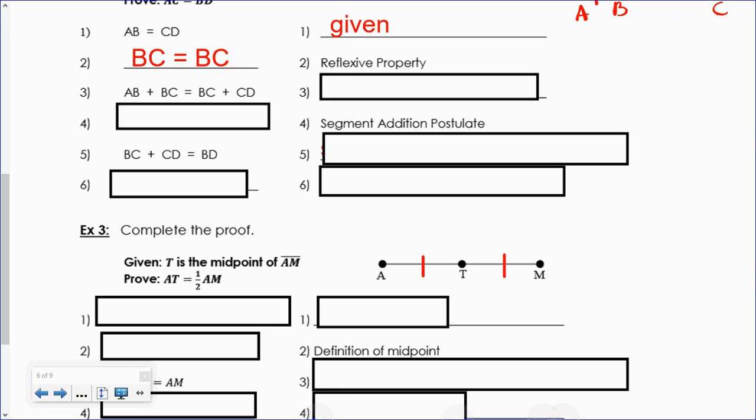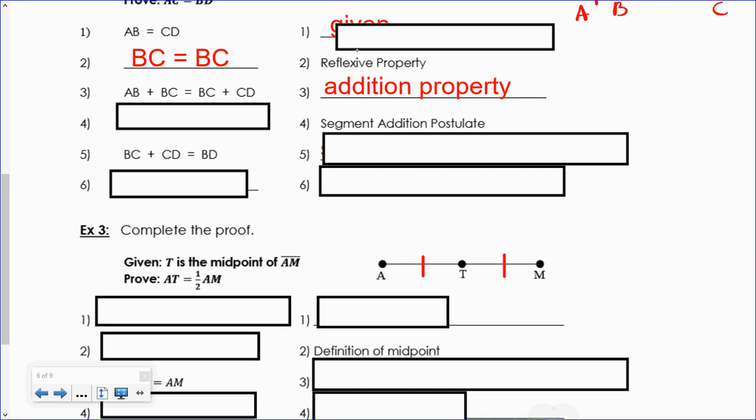Plug, you mean like substitute? You don't want to say substitute because that means you swap something out for something else. Could it be like addition? Yeah, it's actually the addition property.